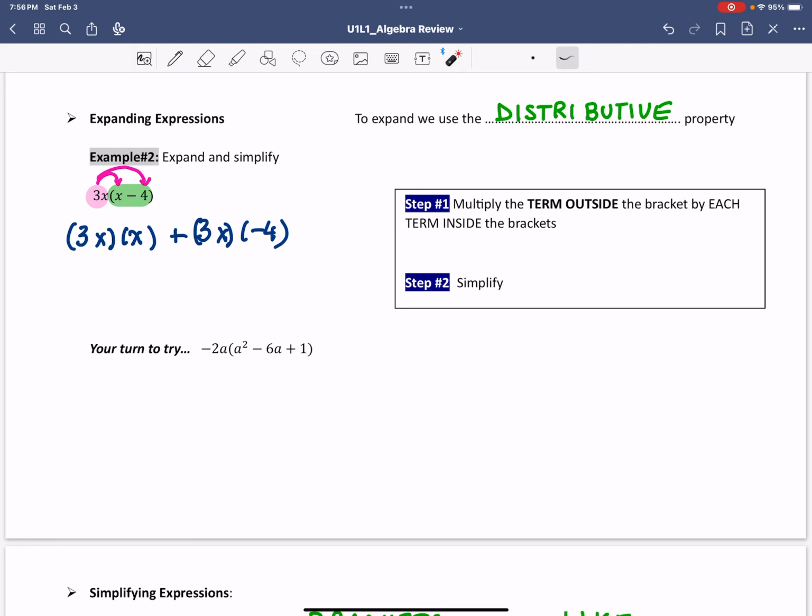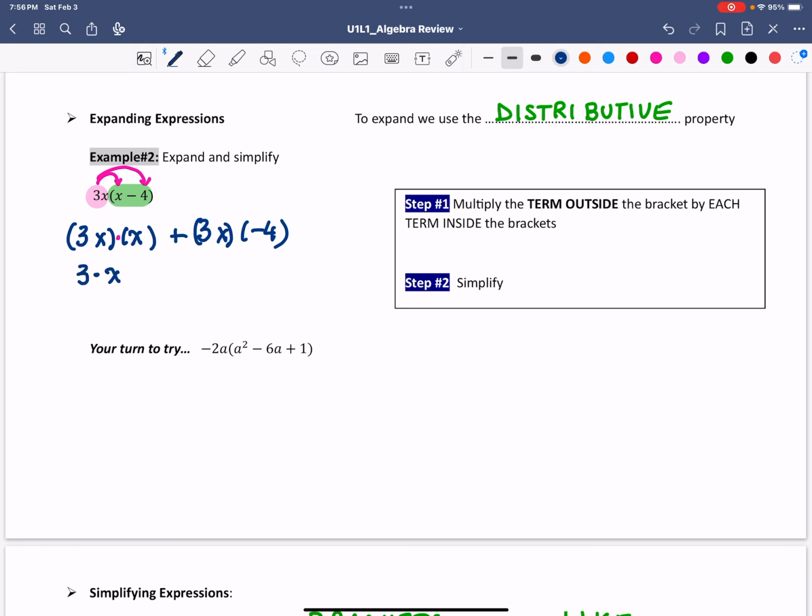Simplify. Remember that when we multiply two terms, we have to multiply the coefficients together and the variables together. So when you have 3x, it means 3 times x, and here we don't have a coefficient, which means it is 1x. I'm going to write this in expanded form.